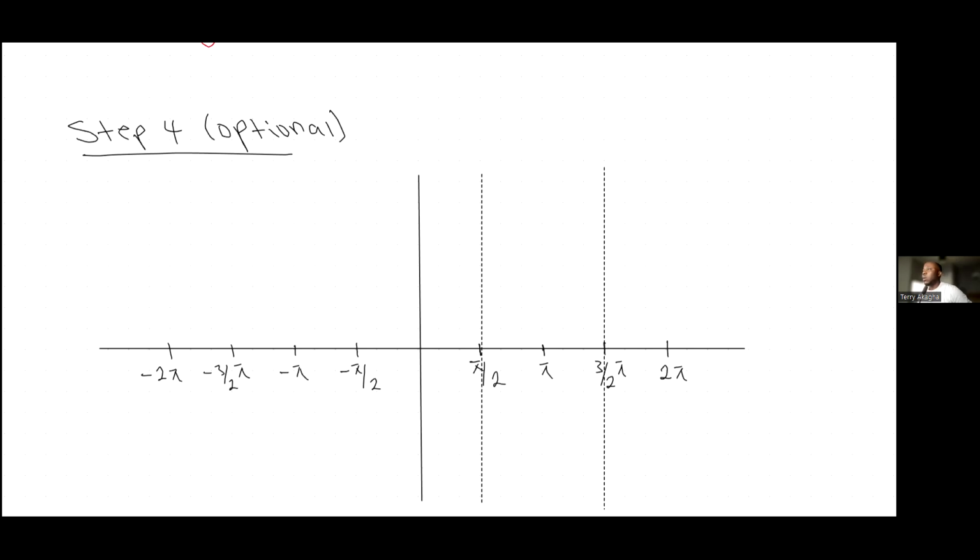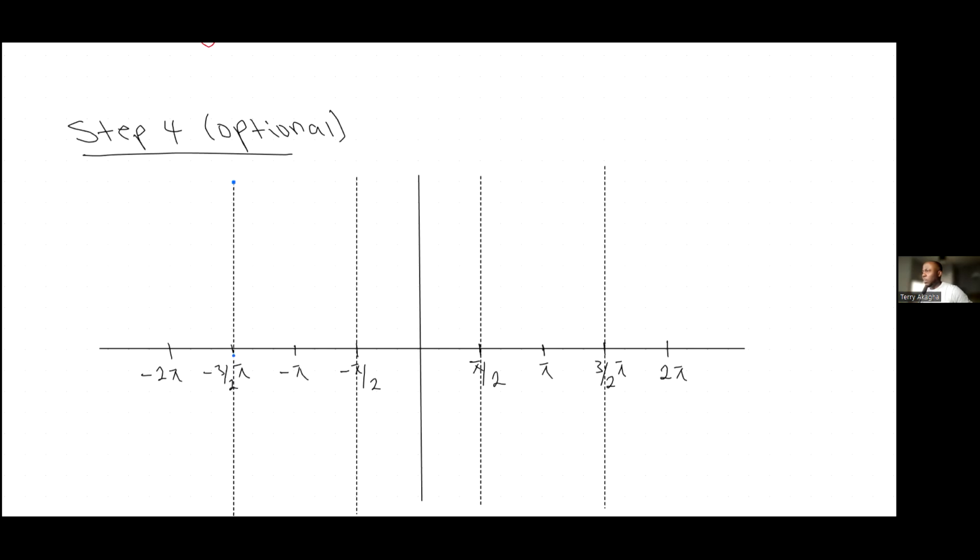And push this a bit to be on that. So that's what the vertical asymptote is. Then the same thing, we're going to have the vertical asymptote as well at minus pi over 2. So it's going to be somewhere here. We also have the vertical asymptote at minus 3 over 2 pi. Okay, and that is that.